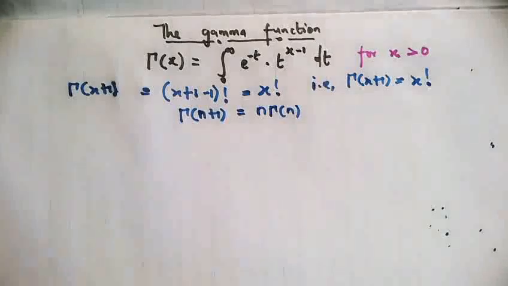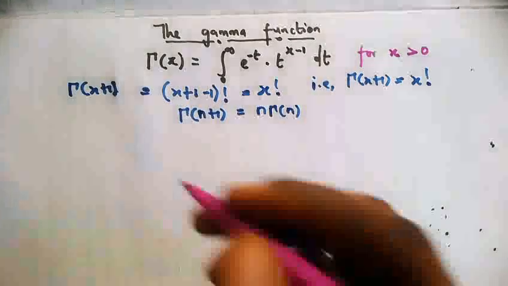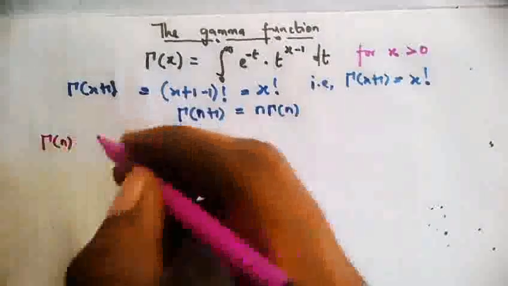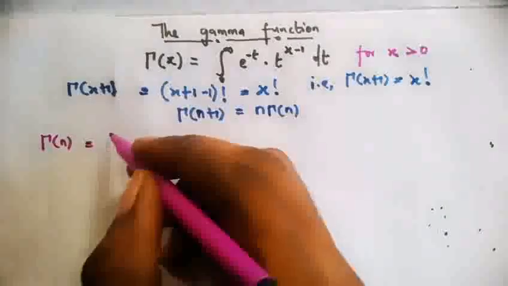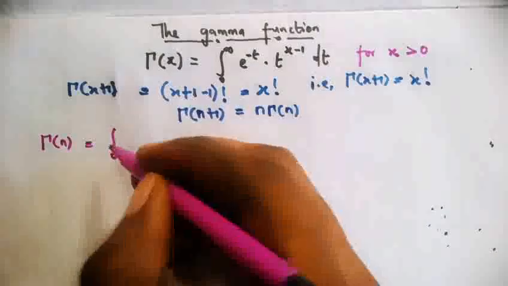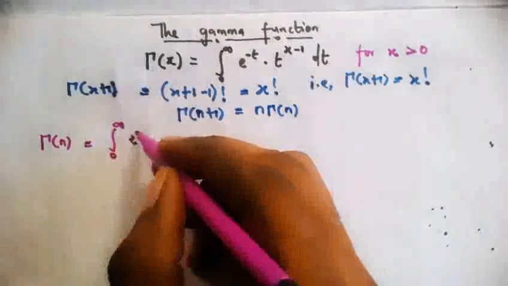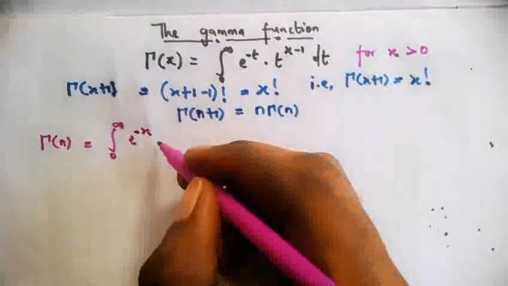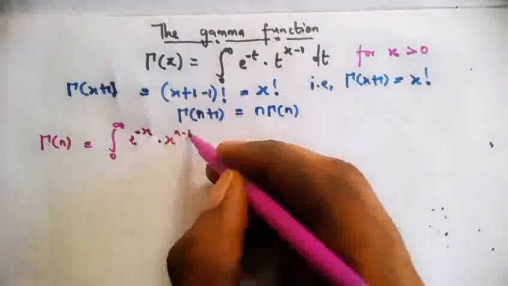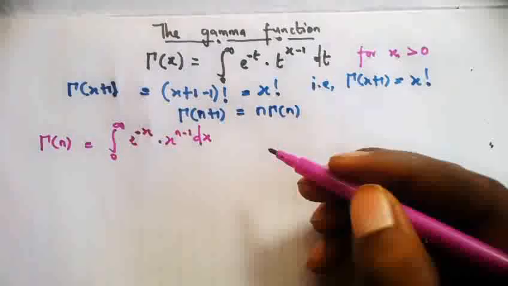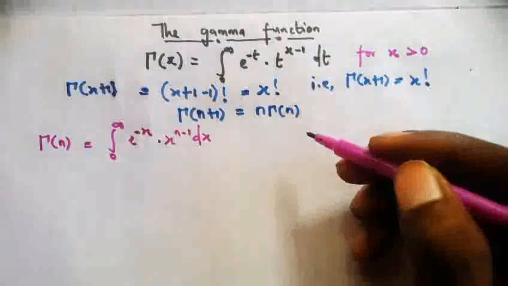Let's take note that the gamma of n is equal to the integral from 0 to infinity of e raised to power negative x times x raised to power n minus 1 dx. We already know that this is the integral representation of this function.